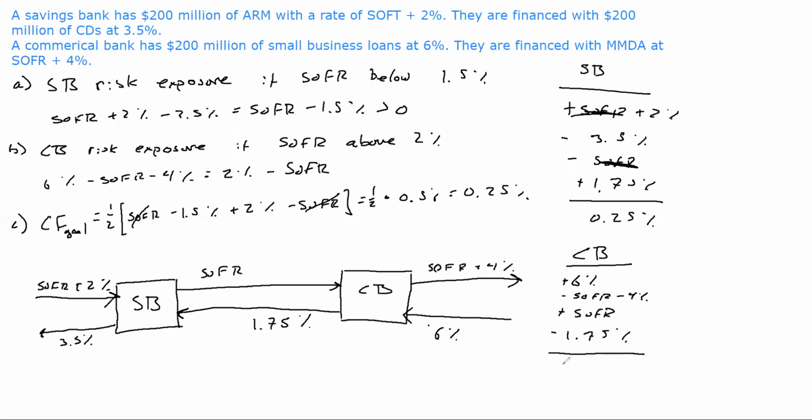So this needs to equal the cash flow goal. The overnight financing rate cancels out. 6 minus 4 is 2. 2 minus 1.75 is 0.25%. This is the cash flow goal here. So it all worked out. Both of these banks have locked in 0.25%, and they've eliminated their interest rate risk.